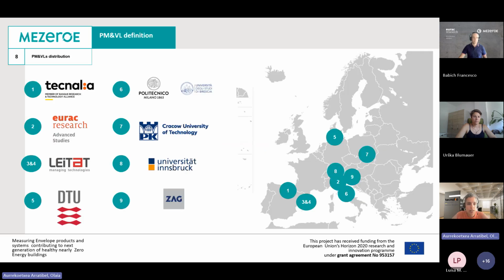So these are the 9 laboratories that are participating in the project, based in Spain, Italy, Slovenia, Austria, DTU in Denmark, and Krakow University in Poland. So we work in a wide range of countries across Europe.